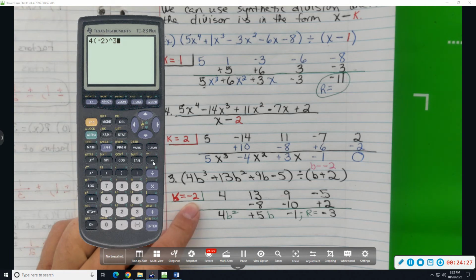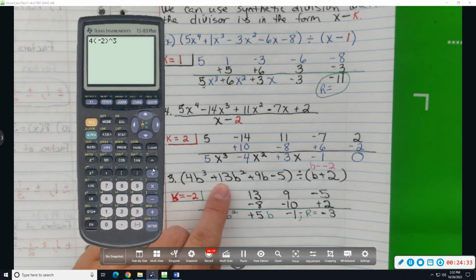I use that almost exclusively. Plus 13 times negative 2 squared plus 9 times negative 2 minus 5.